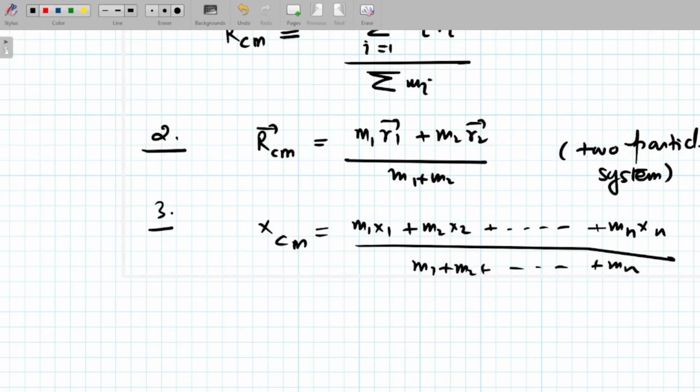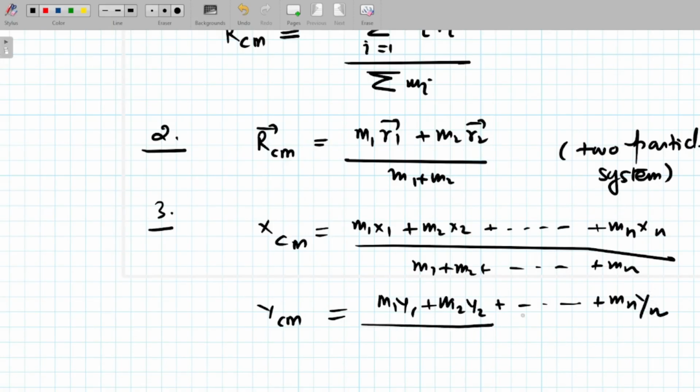Now YCM would be the same. YCM would be M1 Y1 plus M2 Y2 and so on plus Mn Yn, upon M1 plus M2 and so on plus Mn.